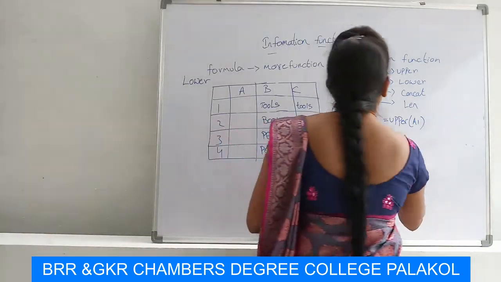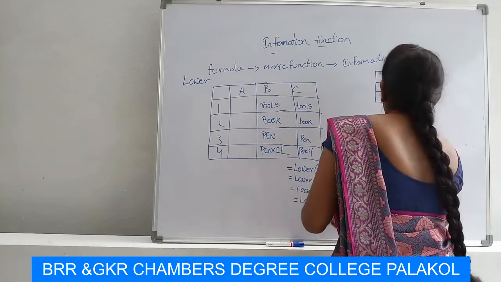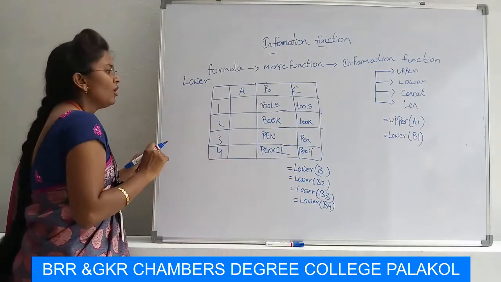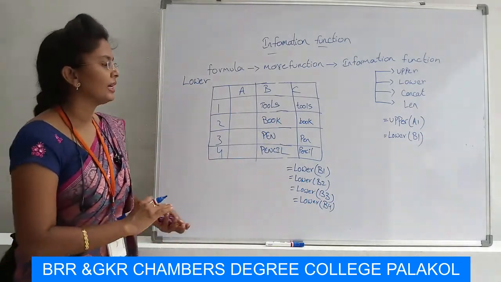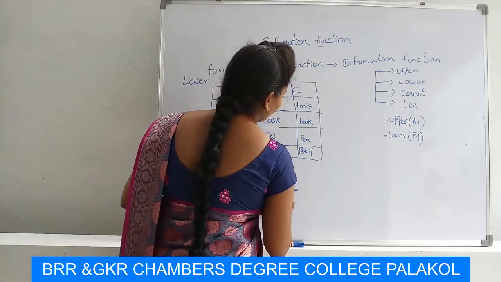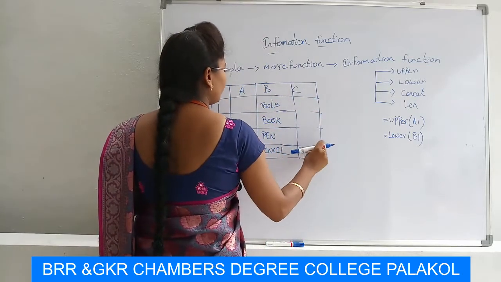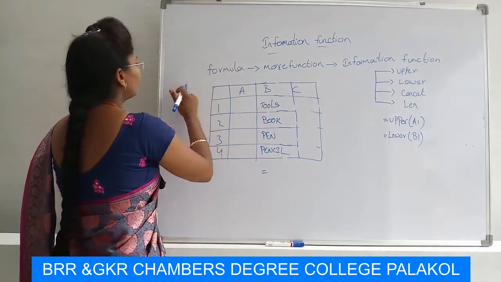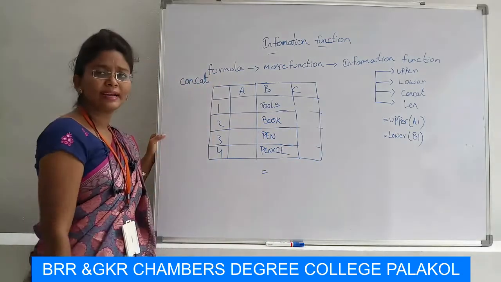Here I am entering the reference functions as B1. This is the formula for uppercase and the next one is the formula for lowercase. And the next one is concat. Concat means concatenation.